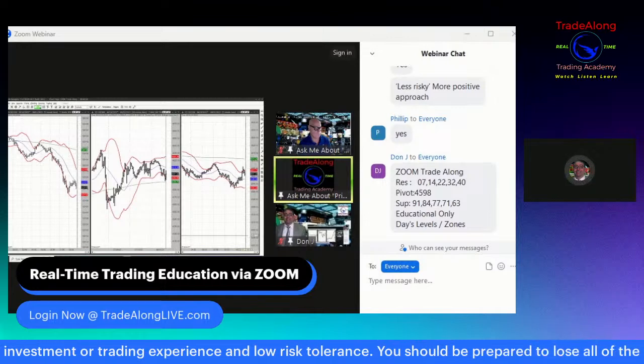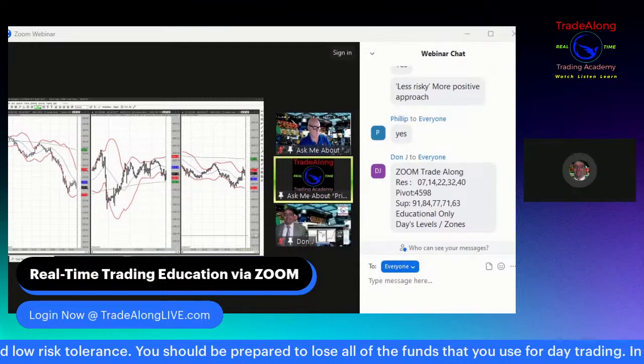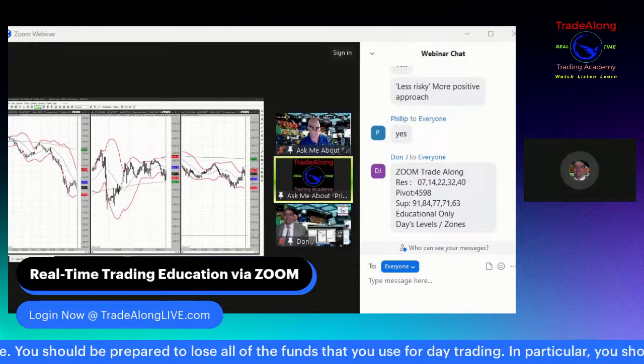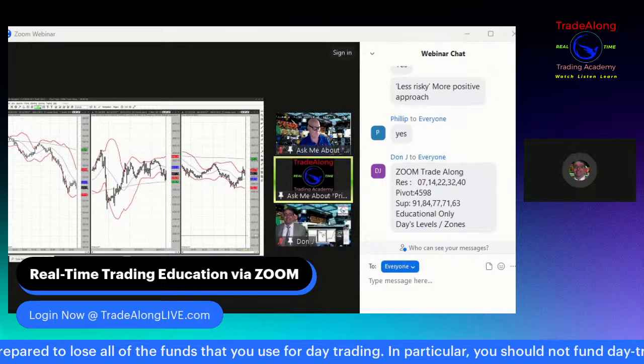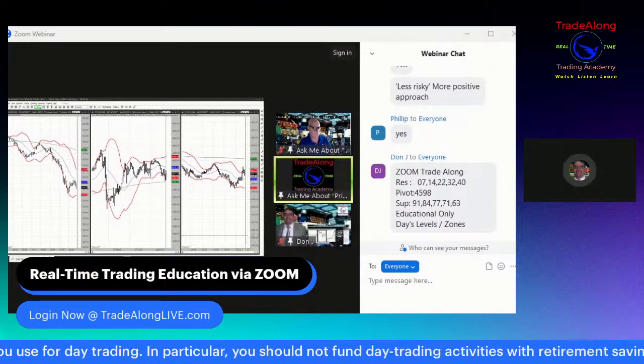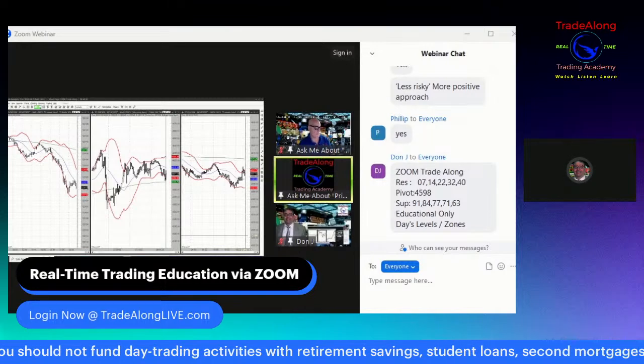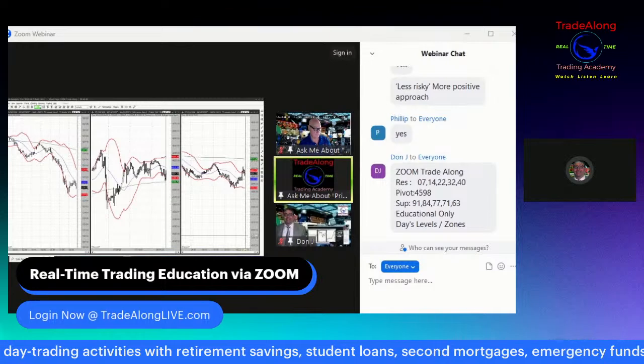Pivot there, 98. If you're a little aggressive, might be a little support area coming back to that rotation off of our first resistance area. Again, depending on how aggressive you want to be.